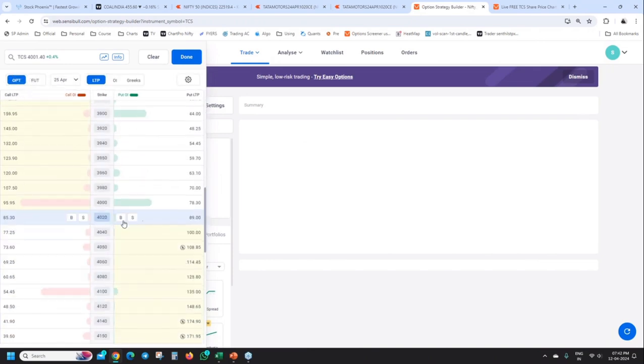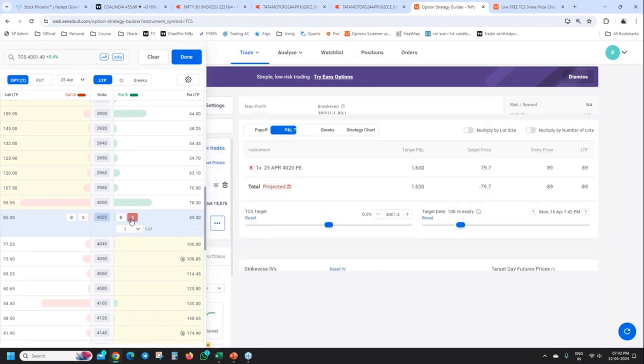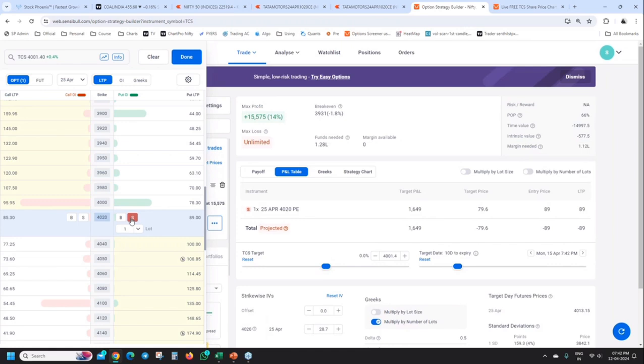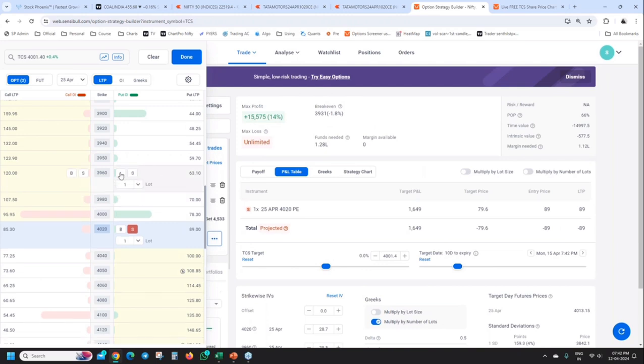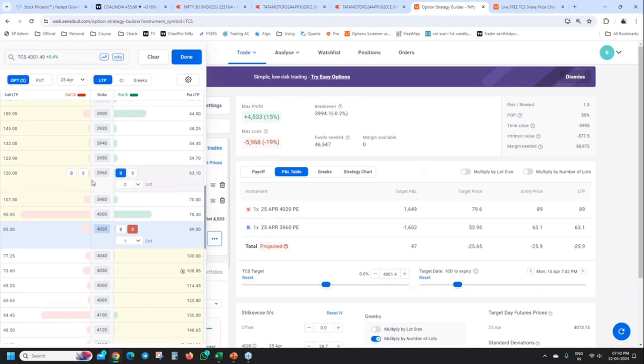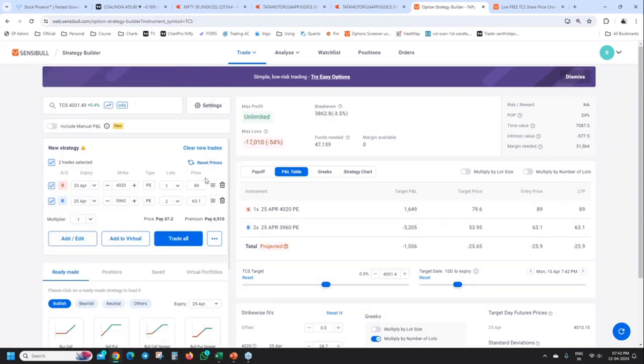I will sell the 4020 put option, and I will buy 2 lots of OTM put options. ATM I will sell, OTM I will buy 2 lots. It's a 3 leg strategy.